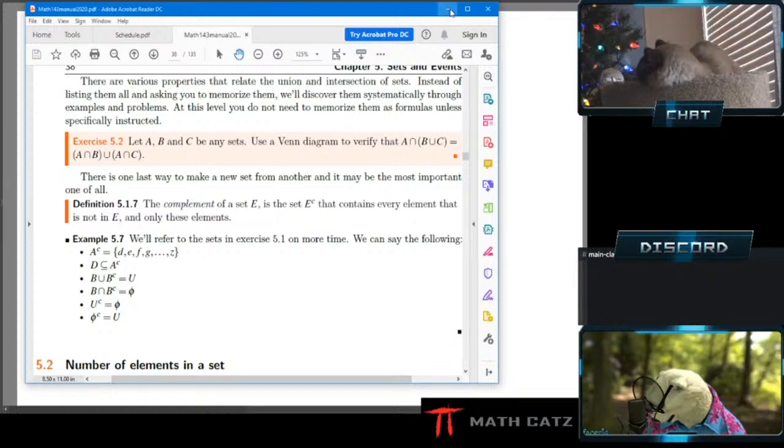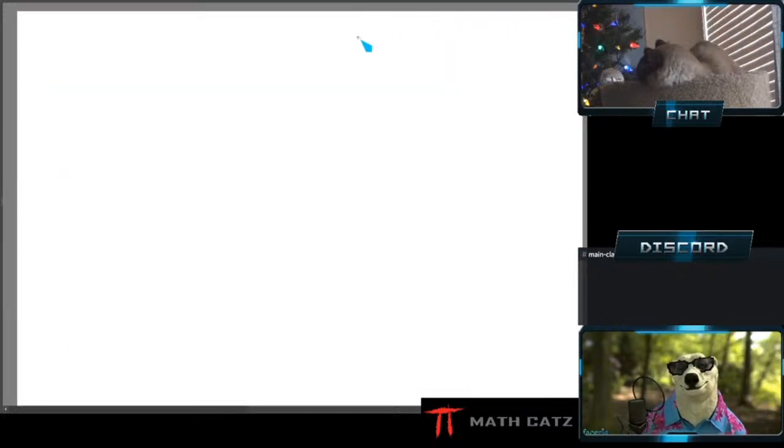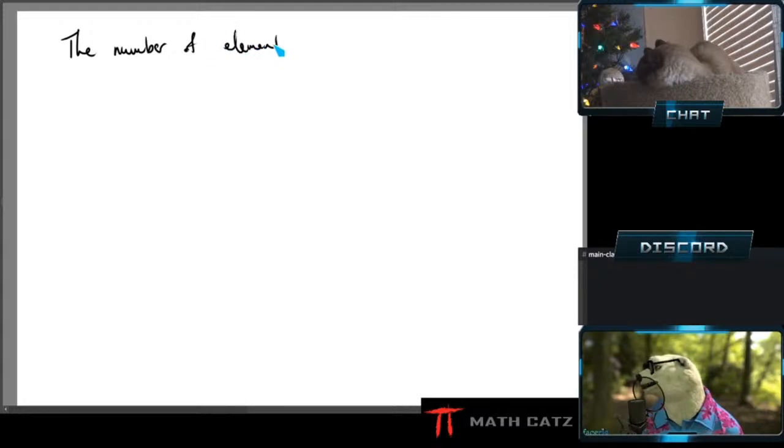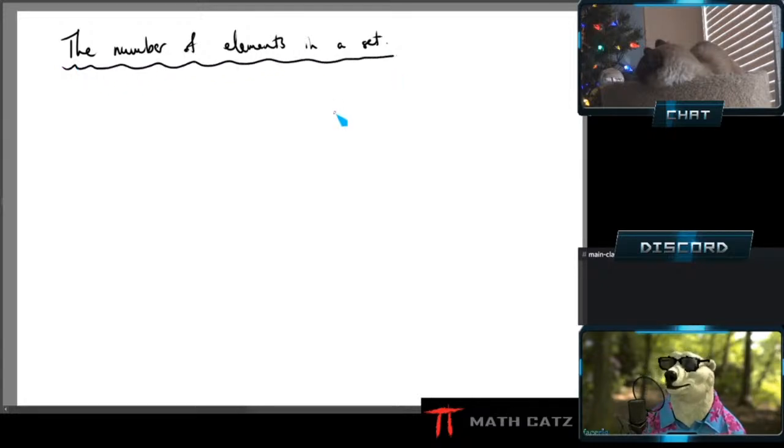Now, next is to explore the number of elements that a set could have. In our initial examples with the big A, B, C, and D, we could see the elements, the lowercase letters of the alphabet that each set contained. But for bigger collections of things or more complicated situations, that's not going to be the case.